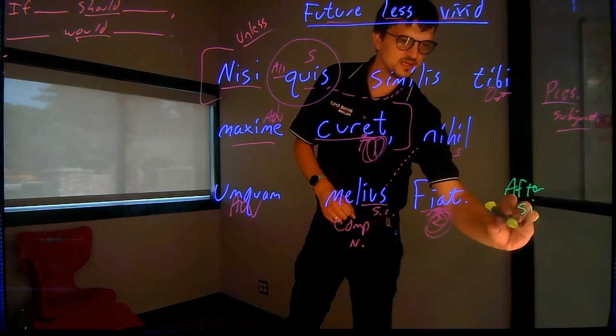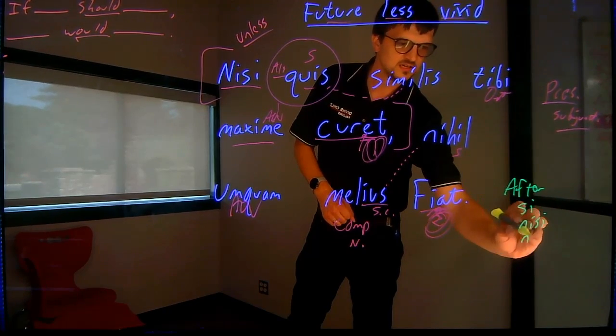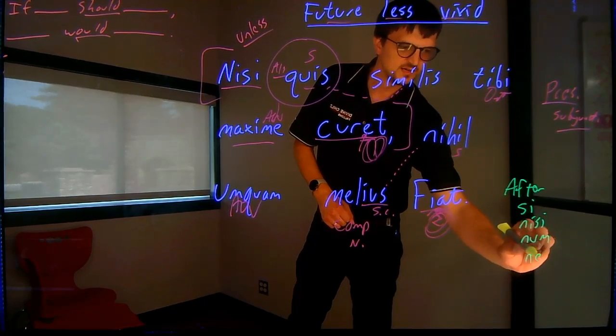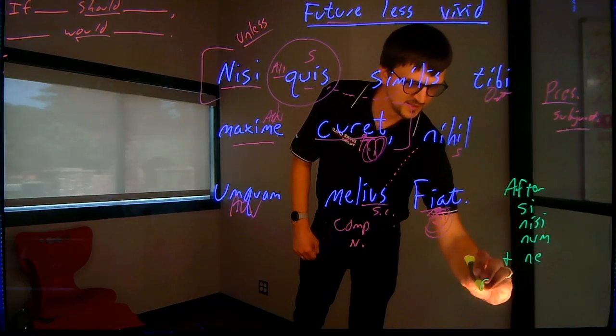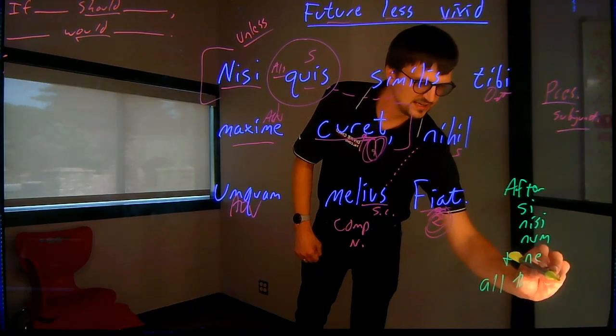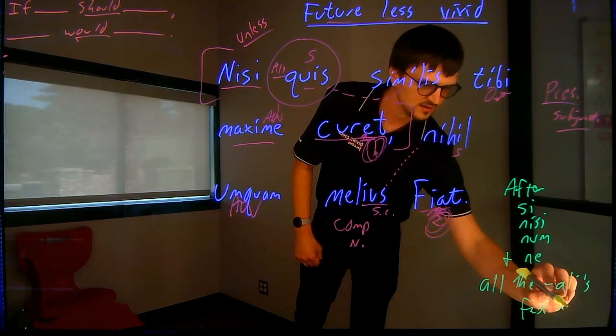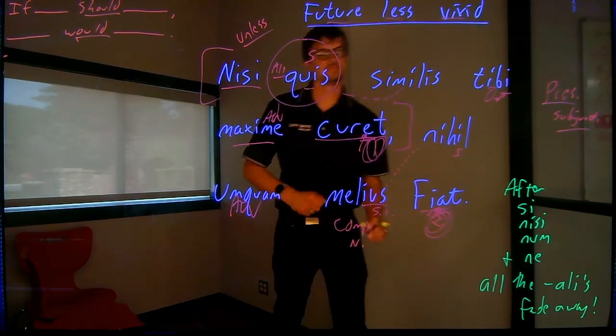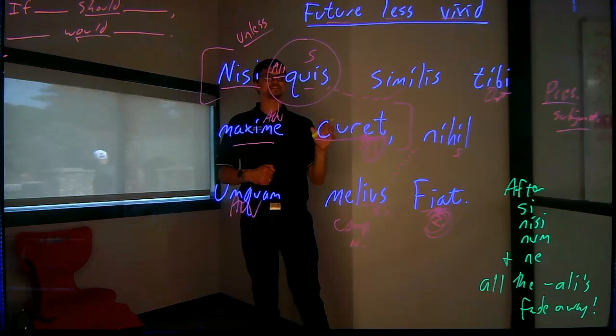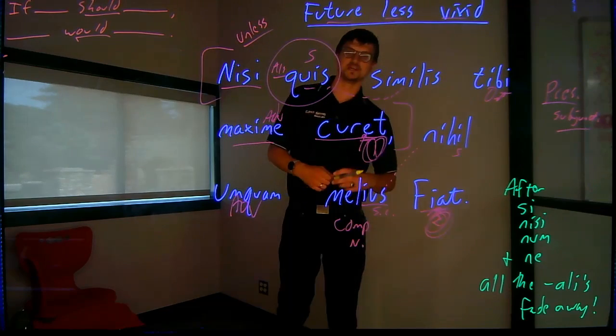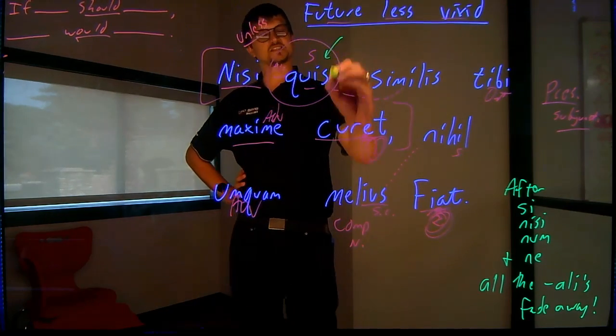After si, nisi, num, and ne, all the ollies fade away. Okay? So yeah, after si, nisi, num, and ne, all the ollies fade away. That's why this word is translated as somebody.